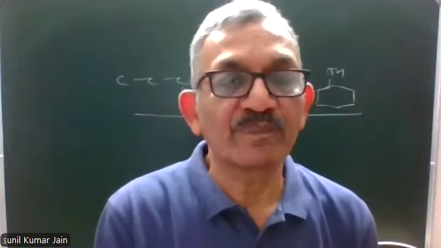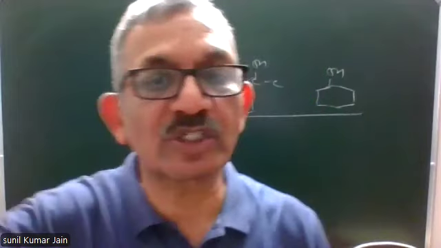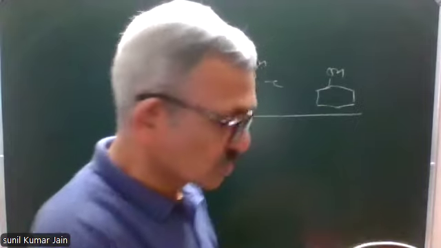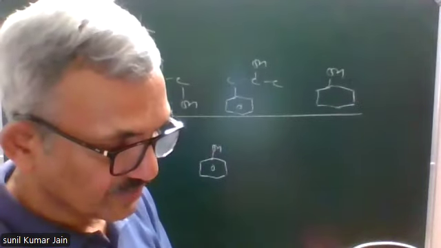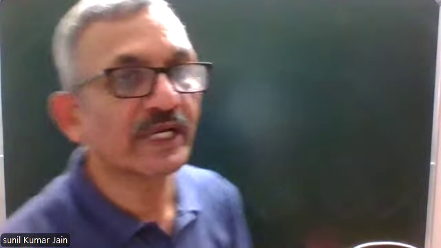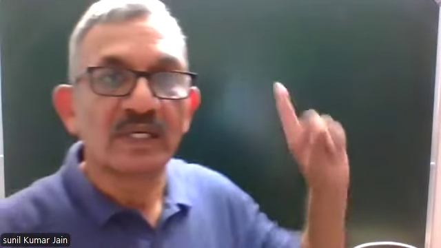Right, the first heading is structure of the group. Write on A part, alcoholic group. You just have to copy from the board.